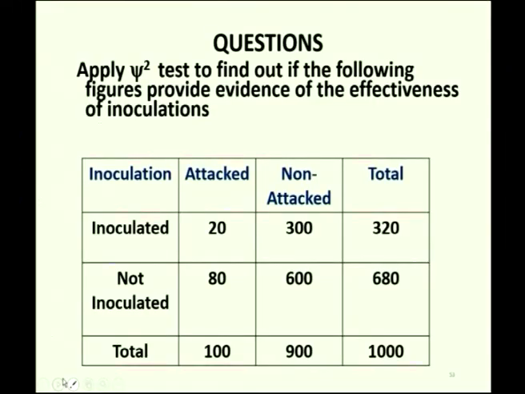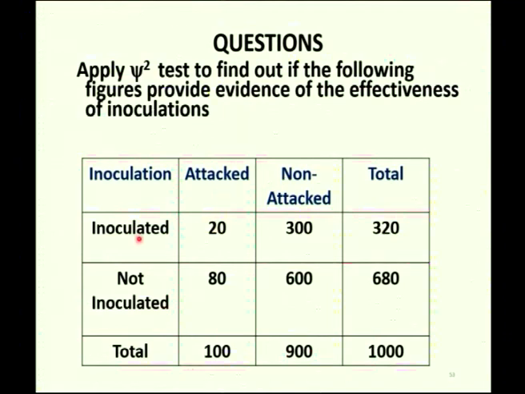Based on the discussion in this session, the following question may be posed: apply chi-square test to find out if the following figures provide evidence of the effectiveness of inoculations. Inoculated persons and attacked by a disease has been given.